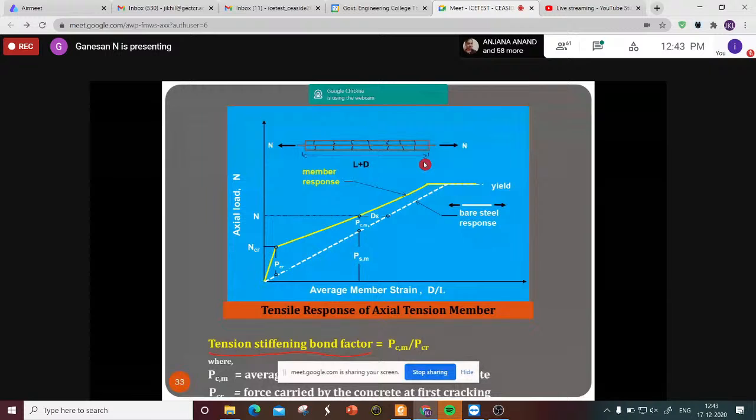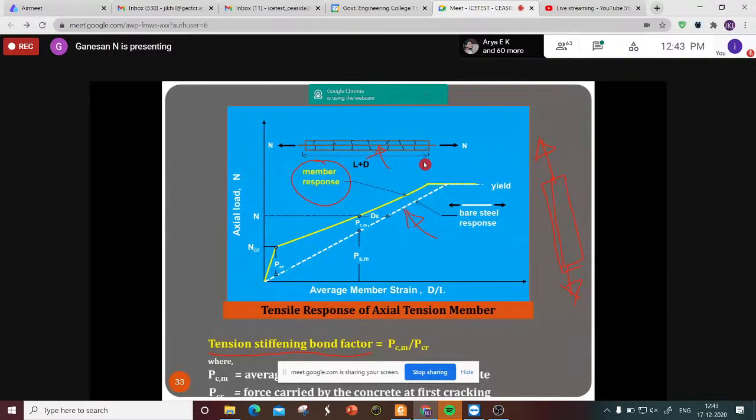Here you see a bare steel member. That means when you apply a tension test on a steel rod, it is a bare steel, and this is a straight line up to yielding. And when you have the steel rod surrounded by a composite, a fiber composite member, with steel inside, what will happen when you apply tension?